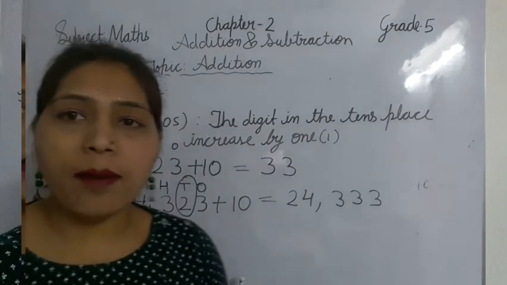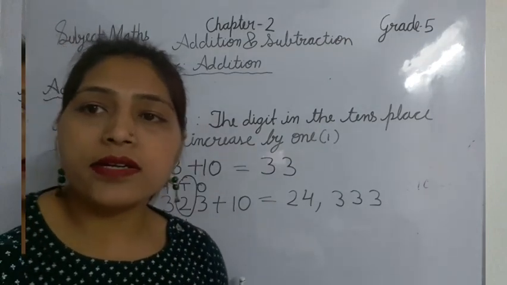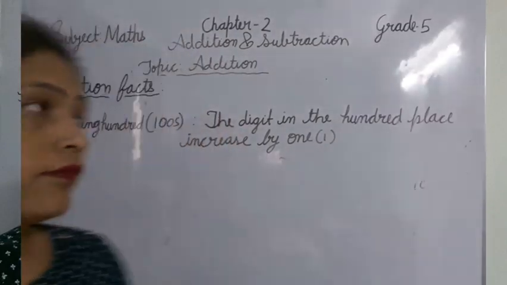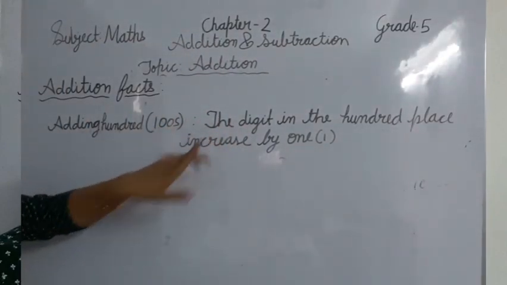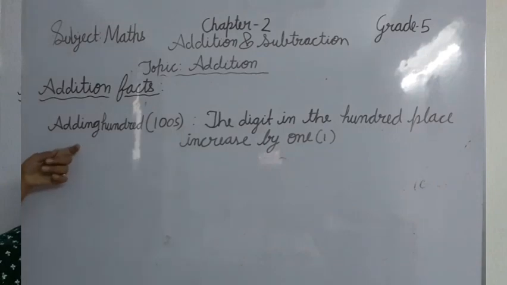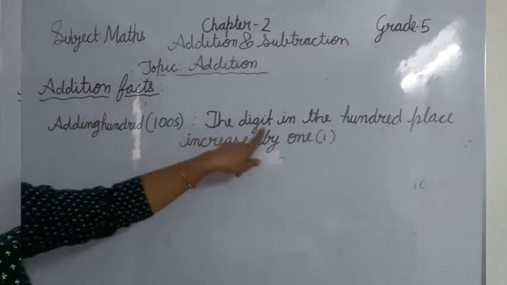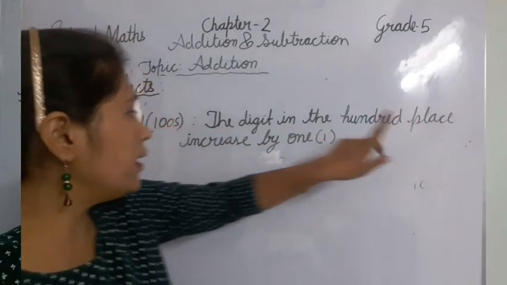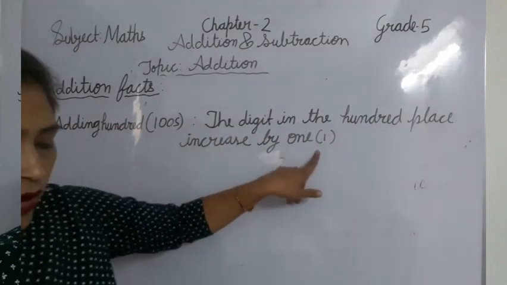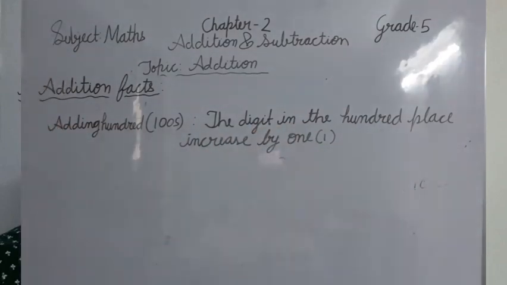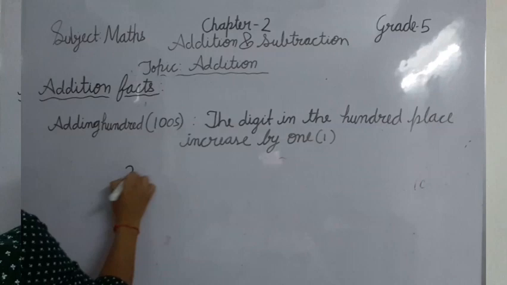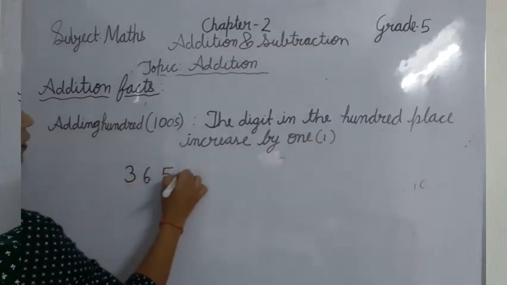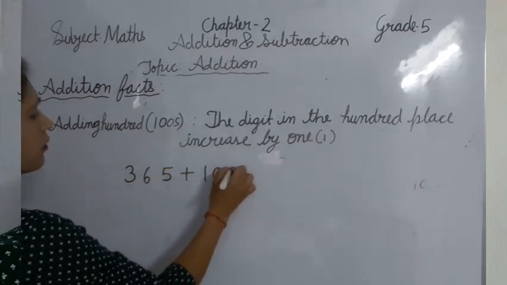Now let's see what happens when we add hundreds to any number. What we have to do here this time, the digit in the 100 place increases by 1. So let's take one example here, 365 and we have to add 100.